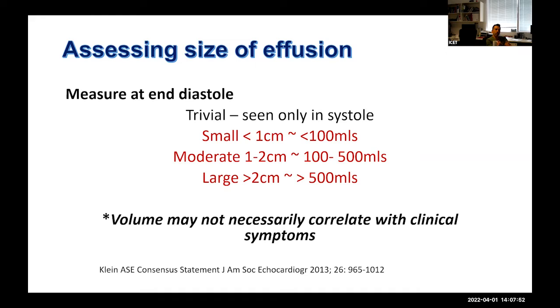If it's between 1 and 2 centimetres, that counts as moderate, and generally the size will be 100 to 500 mil. And if it's larger than 2 centimetres, then it's probably more than half a litre. However, the volume will not necessarily correlate with any clinical symptoms.